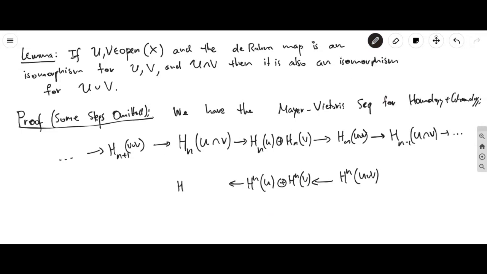So this would be H^n of U intersect V. And then the next one is H^{n+1} of U union V. And the one that goes right before that is H^{n-1} of U intersect V. So the bottom one, that's cohomology.